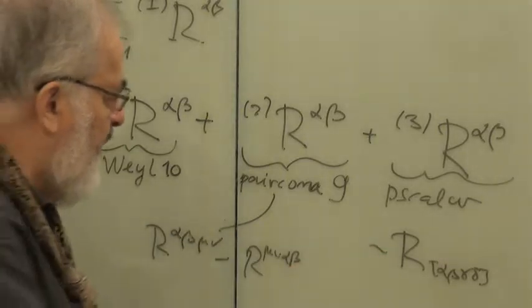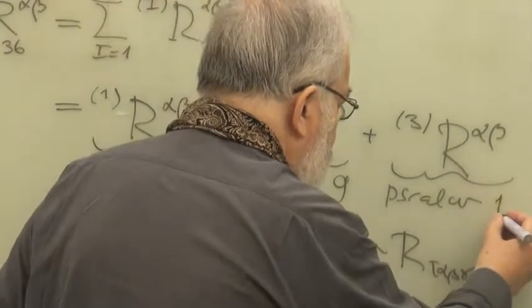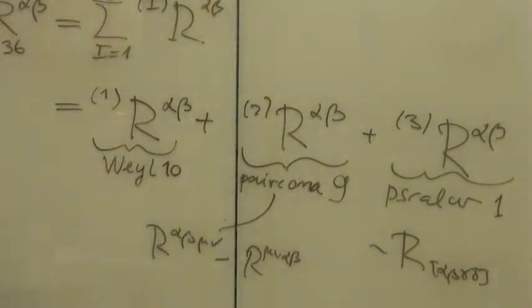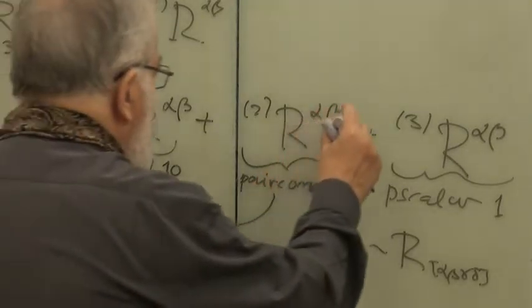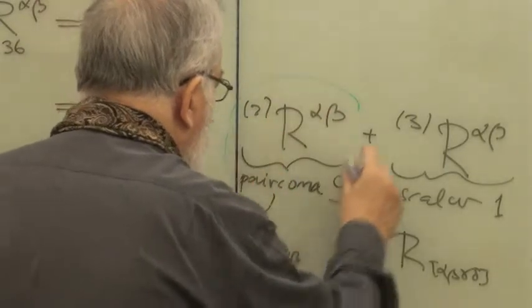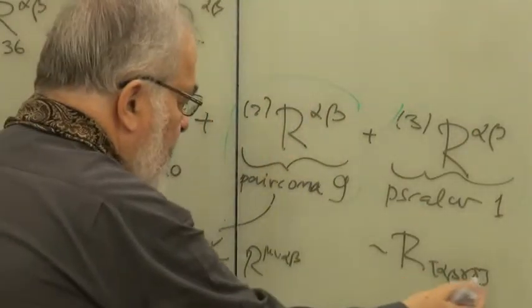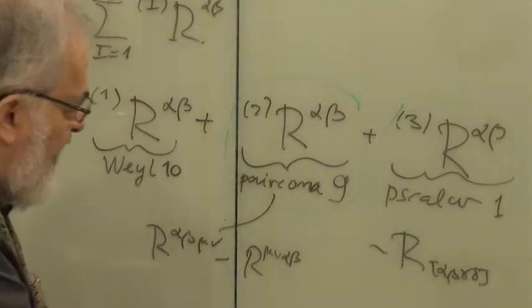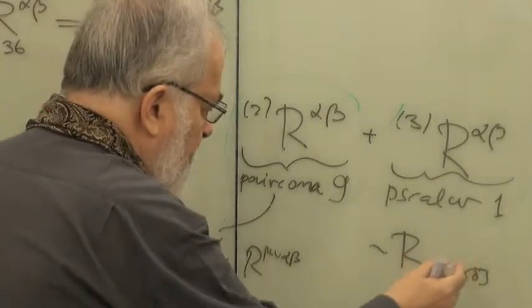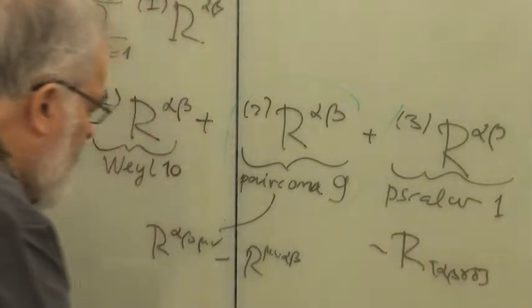It has one independent component. In Riemann space, this vanishes. So we have here two pieces which are non-Riemannian. This is non-Riemannian, this is non-Riemannian. This is the totally antisymmetric piece. It's one of the algebraic identities in Riemannian space, and this is 0.